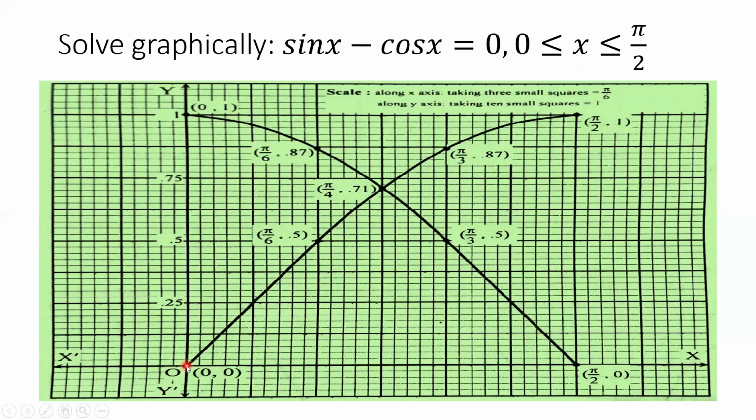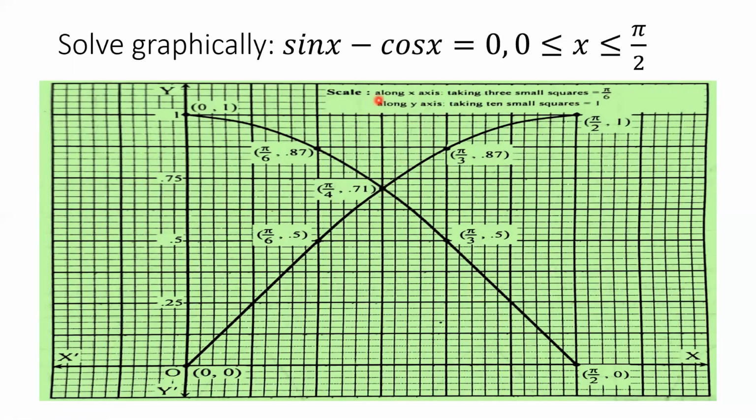You know from the previous graph that sin x passes through the origin. So this is the graph of sin x, and this is the graph of cos x. These two graphs intersect at a point that is pi by 4. So our required solution is x equal to pi by 4.